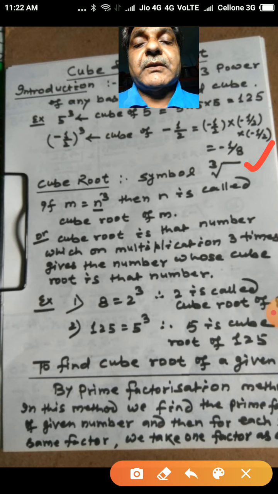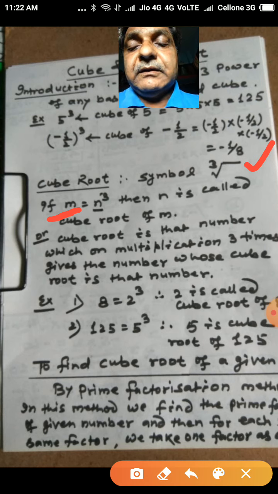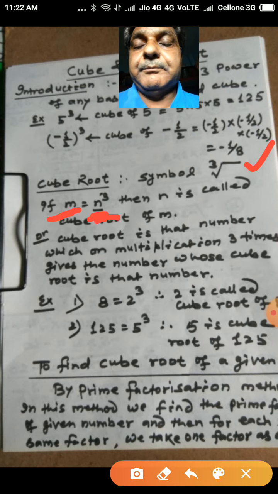Now it can be defined as follows. Suppose any number m has been given, and if this number m can be written in the form of the cube of some number, say n cube equal to m, then this n will be called the cube root of m.